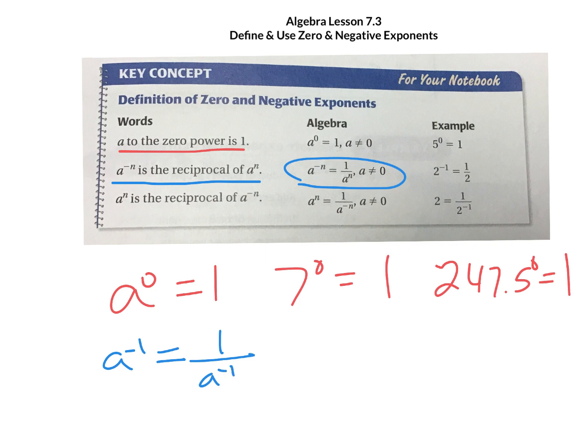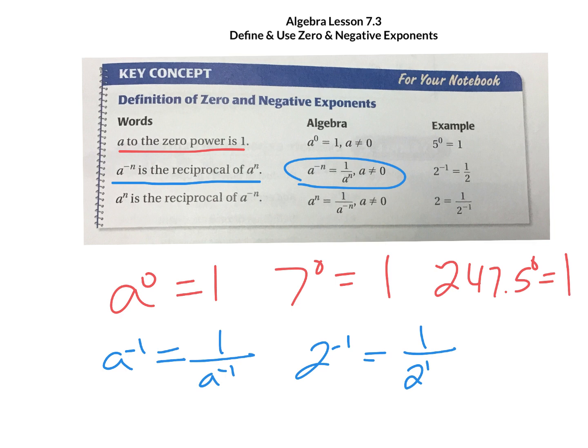Okay? So, for instance, if I have 2 to the negative 1, you can't have a negative in the exponent, so to simplify that, you're going to say 1 over 2 to the 1. Sorry, not negative, 2 to the 1.